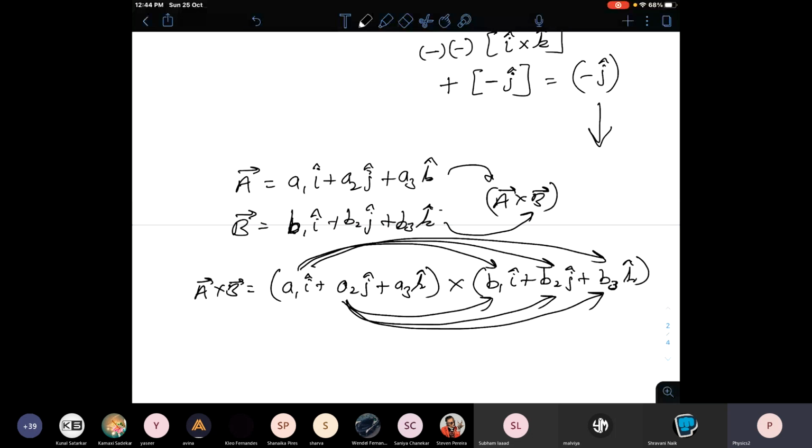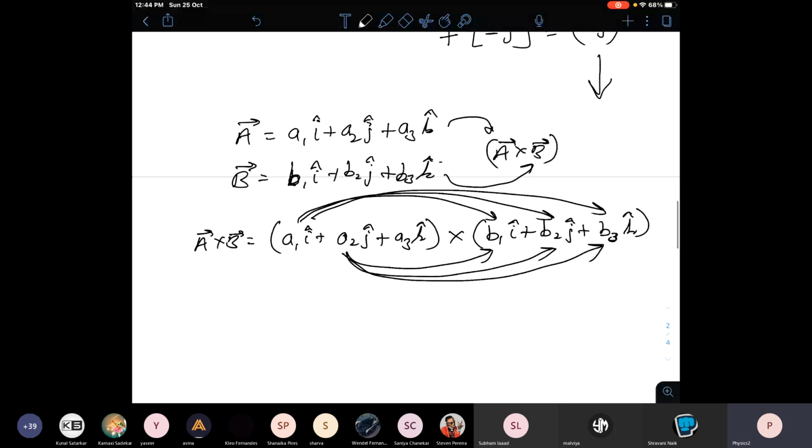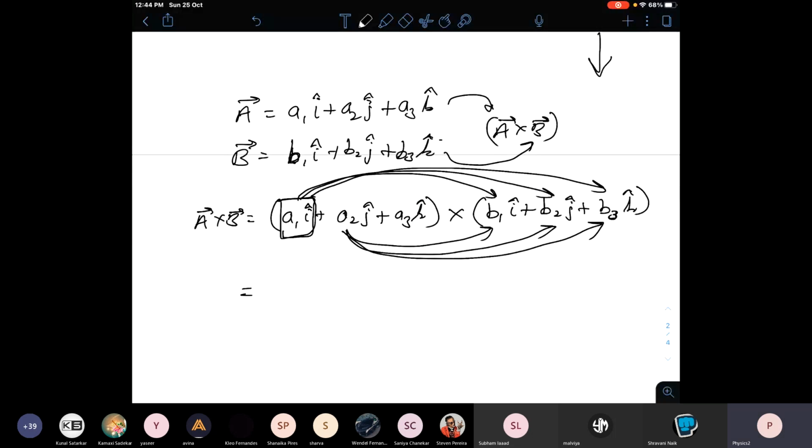So I will again show you only the first one, because the method is very lengthy. This is the time taking method, so I will show you another method to calculate it. So what I get is when I multiply A1 with B1, B2 and B3, I get A1 I cap cross B1 I cap.